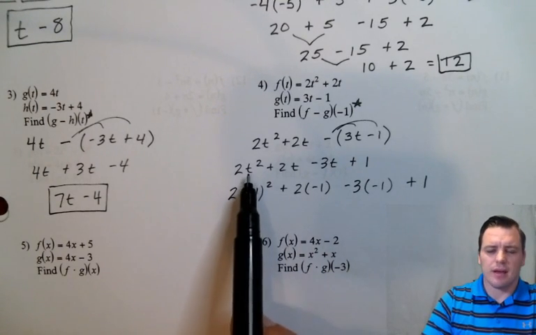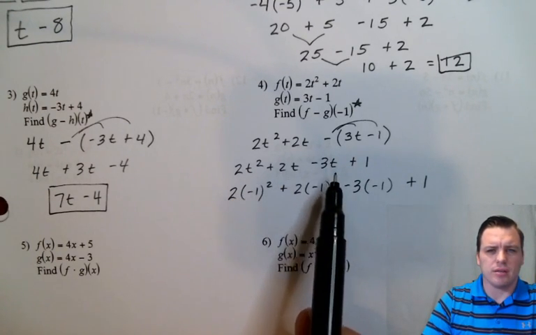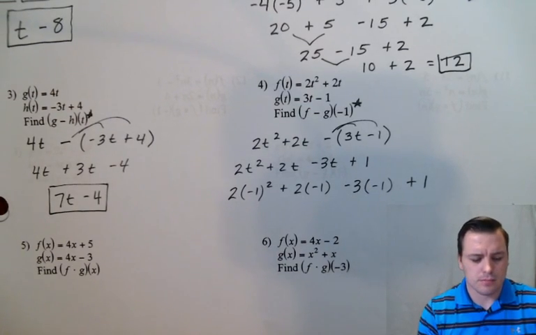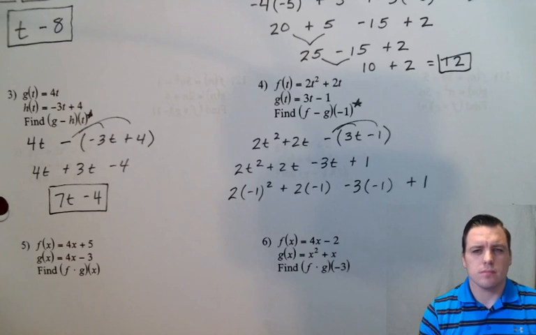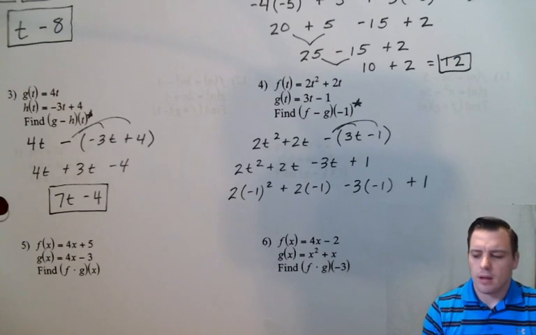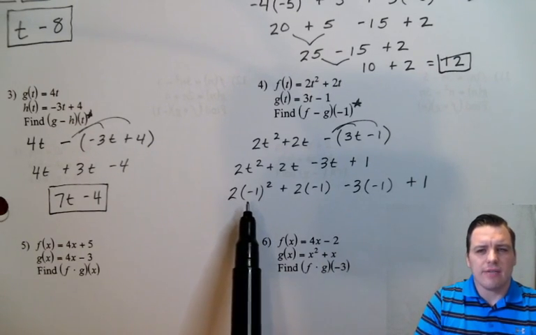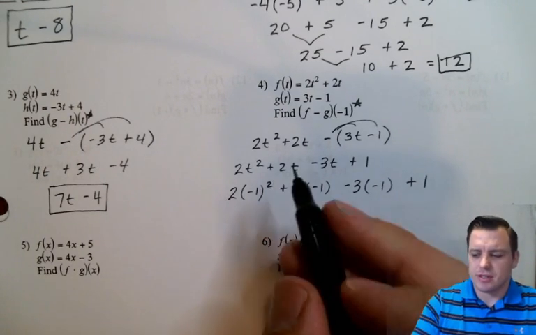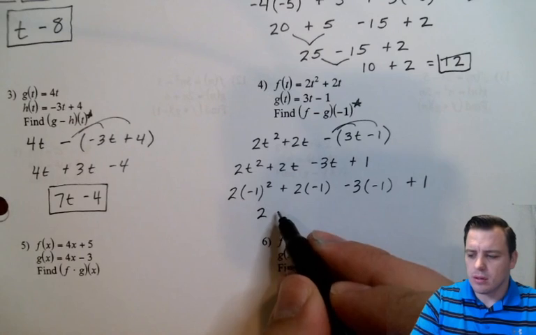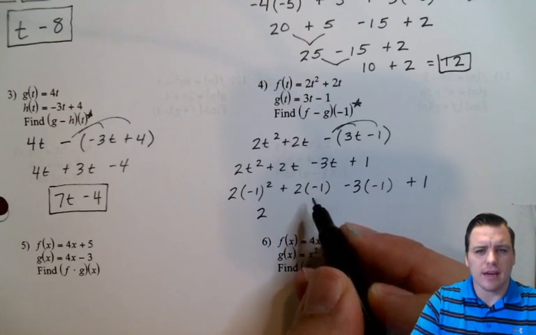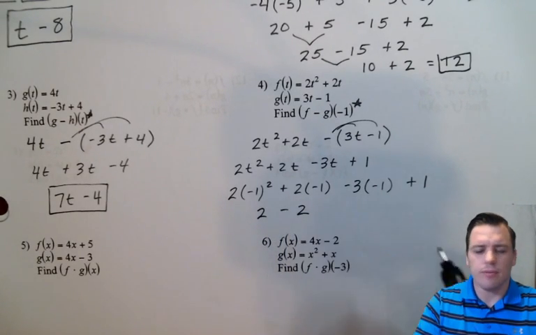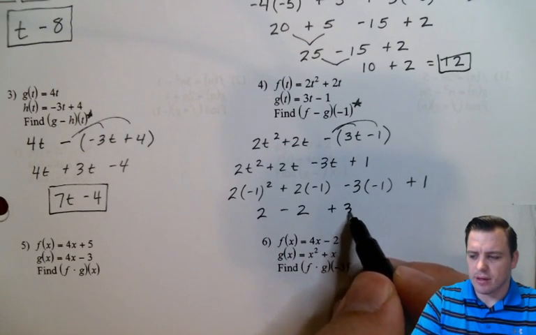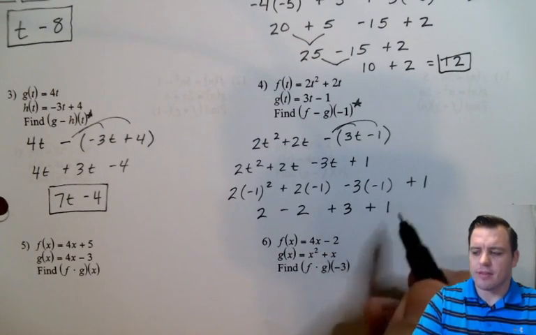So again, I've just plugged in negative 1 to all the t's. Negative 1 times negative 1 is positive 1. And then 1 times 2 is simply 2. And then 2 times negative 1 is negative 2. Negative 3 times negative 1 is positive 3. And plus 1 at the end.